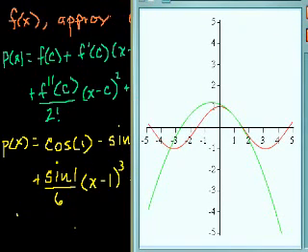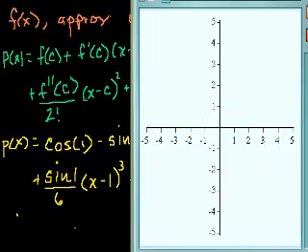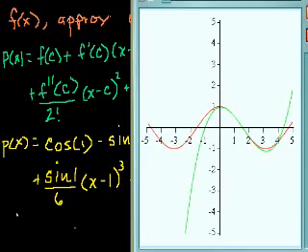X minus 1 to the third power. And let me graph it. That is neat. Just with 3 terms, well, actually, that's the 4th term, officially. But the first term was essentially, well, anyway, you get the point. We're already starting to approximate this pretty well, right?